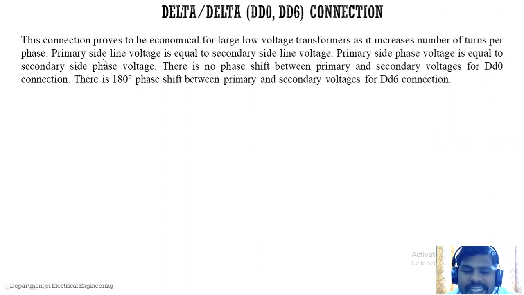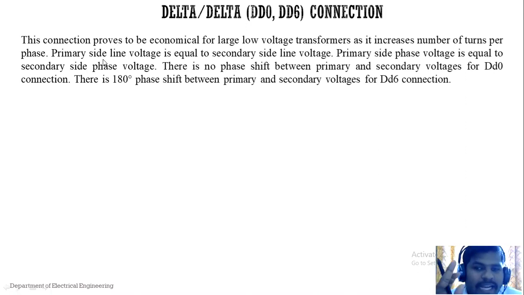If this connection can be used, in that situation it is economical for large low voltage transformers. For large transformers having a low voltage level, we are able to use these types of connection because it will increase the number of turns per phase.